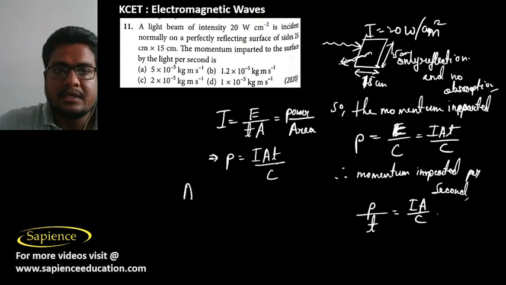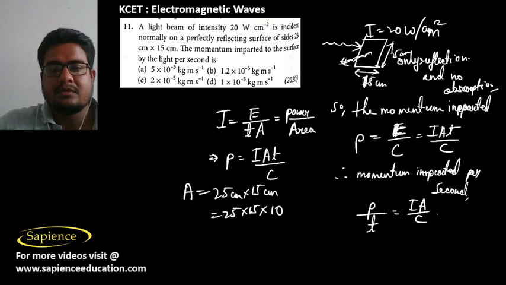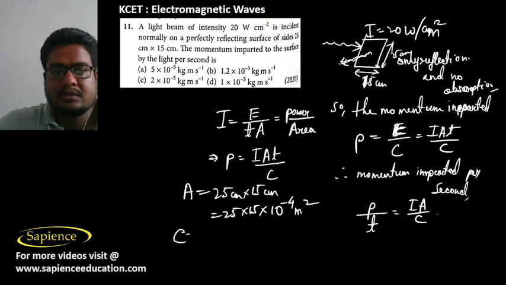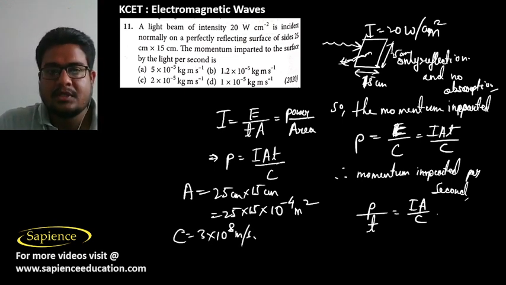So here the area of the surface is given as 25 centimeter into 15 centimeter, which will be equal to 25 into 15 into 10 power minus 4 meter square. C is 3 into 10 power 8 meter per second. The intensity is 20 watt per centimeter square.